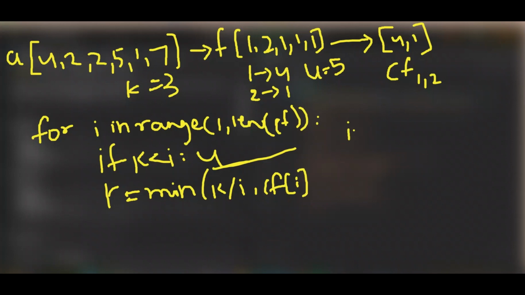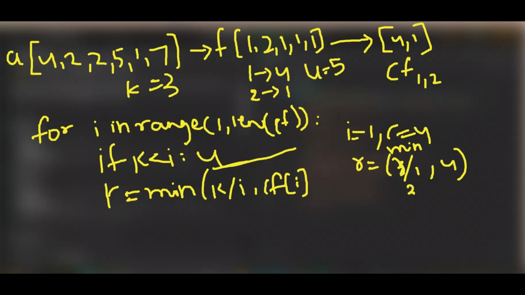First i equals 1 and the count of frequencies c equals 4 here. So r equals minimum of 3 by 1 comma 4. Here we get 3 comma 4, and we'll take this particular 3. Now the number of removals equals 3.